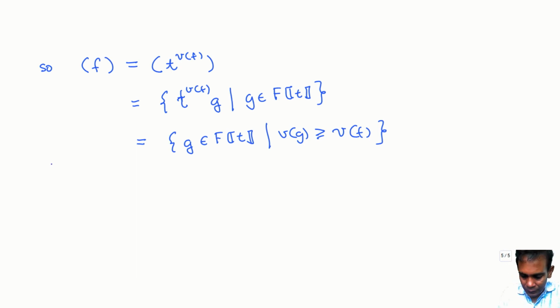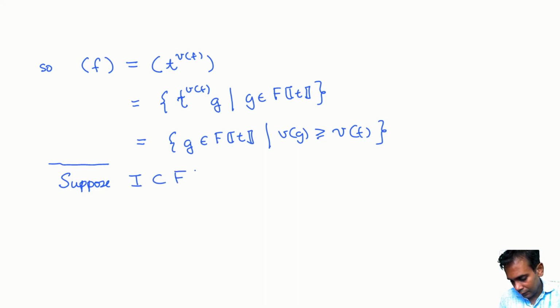Okay. So now I claim that every ideal of F[[t]] is of this form. So suppose I in F[[t]] is an ideal. I want to say that I is the ideal generated by t to the power m for some integer m. So how do I find that integer m?